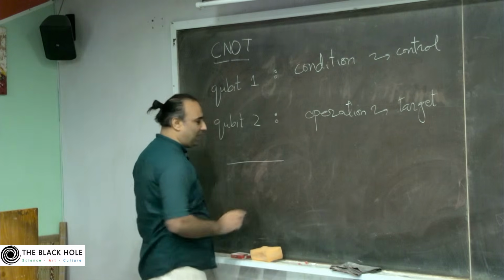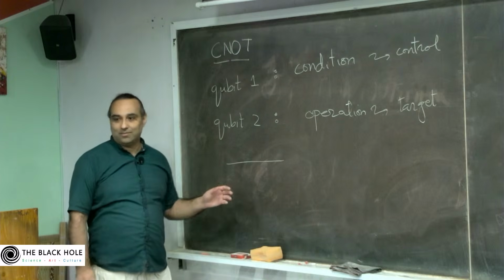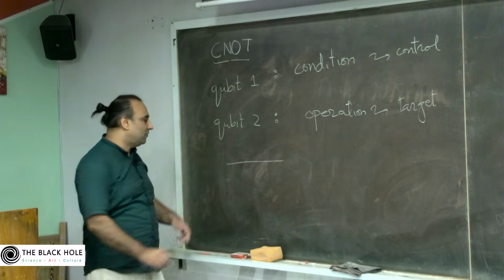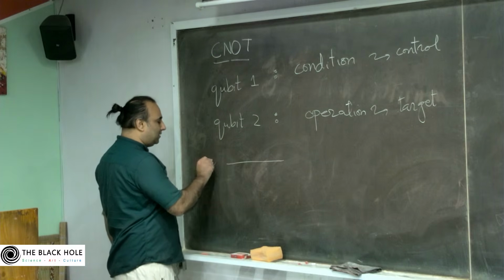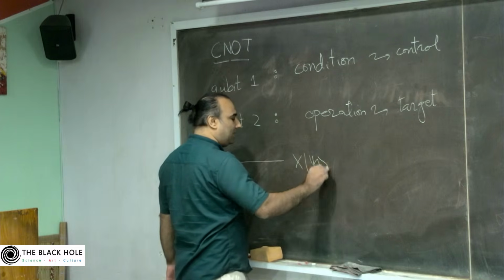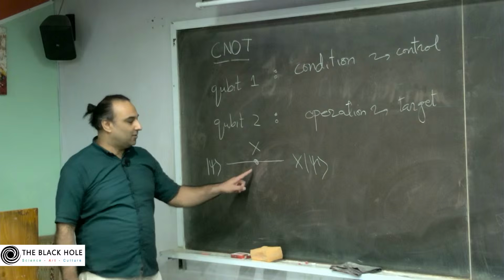So we have this kind of a line where time flows from left to right. Basically we have initially some state over here, and here we will have some transformed state. So we will have some state psi, and here we have X psi if we have this kind of gate over here.